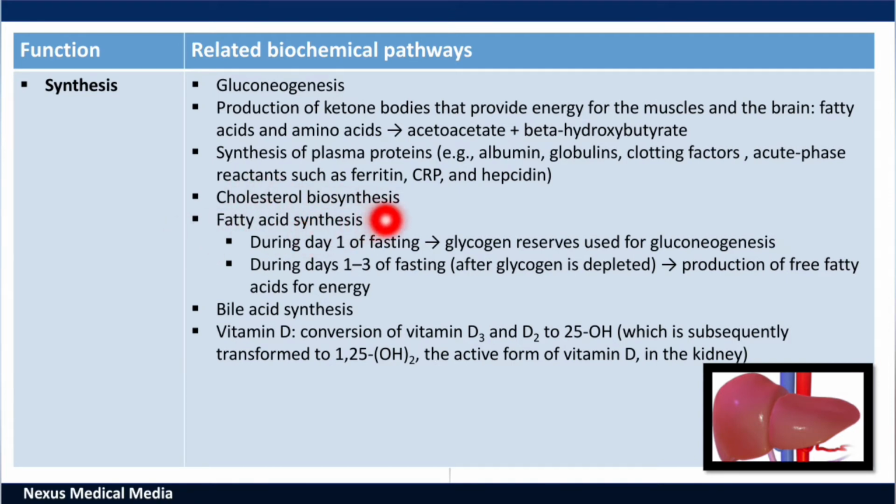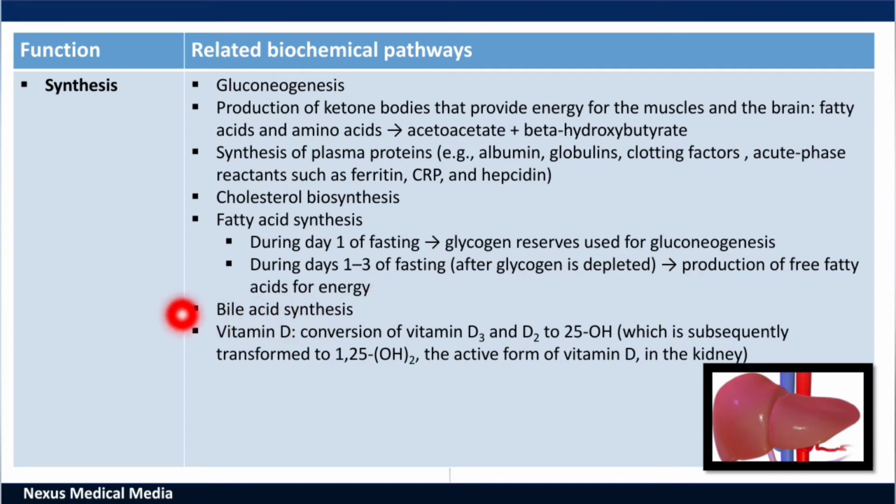Fatty acid synthesis, right? So I will talk about fasting in another video, right? But during day 1 of fasting, glycogen reserves are used for gluconeogenesis. Then during day 1 to 3 of fasting, after glycogen is depleted, there is production of free fatty acids for energy.